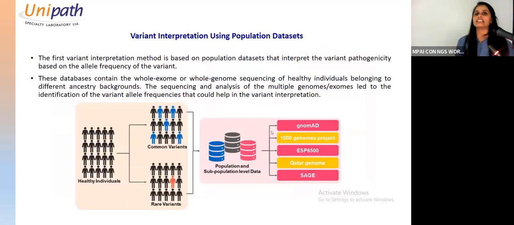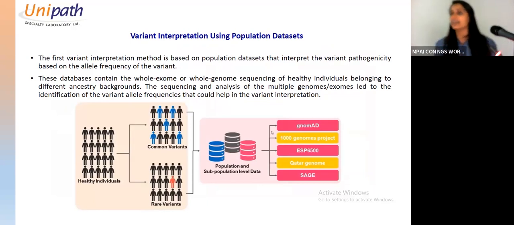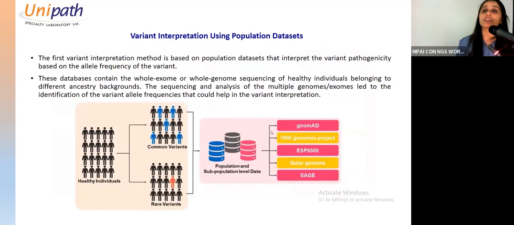So one of the easiest ways, if you want to reduce your data from 40,000 to 50,000 variants, is to compare it against a population database. Neeraj sir also showed in the slide the population frequency databases which can be used. That database has variants called from the normal healthy population.